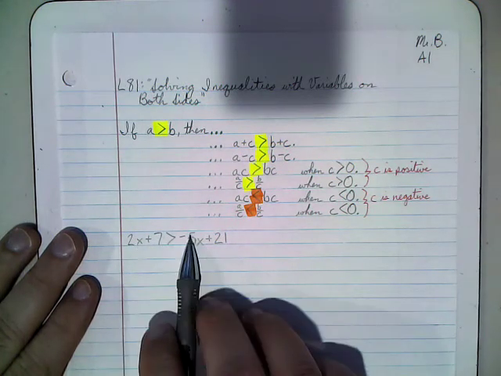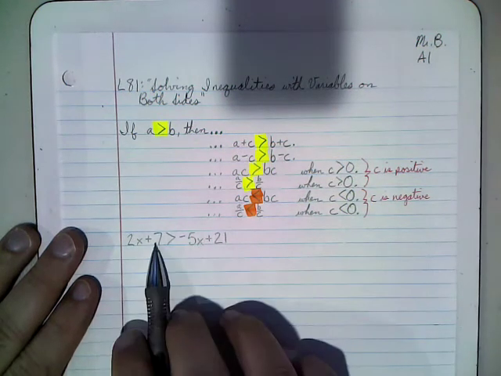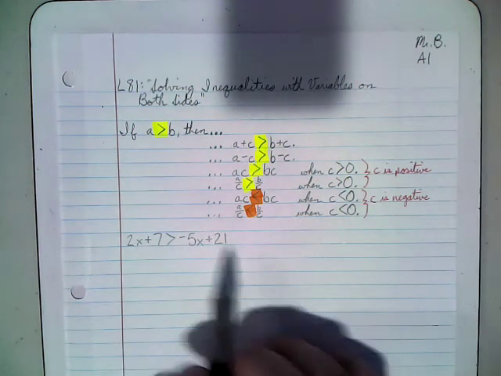If you've got x values on both sides, take care of those first before you start taking care of your constants. I'm also going to remind you, if there's anything you can simplify, like combining like terms or distributive properties, those all come first. Then we're going to start subtracting and adding on both sides.